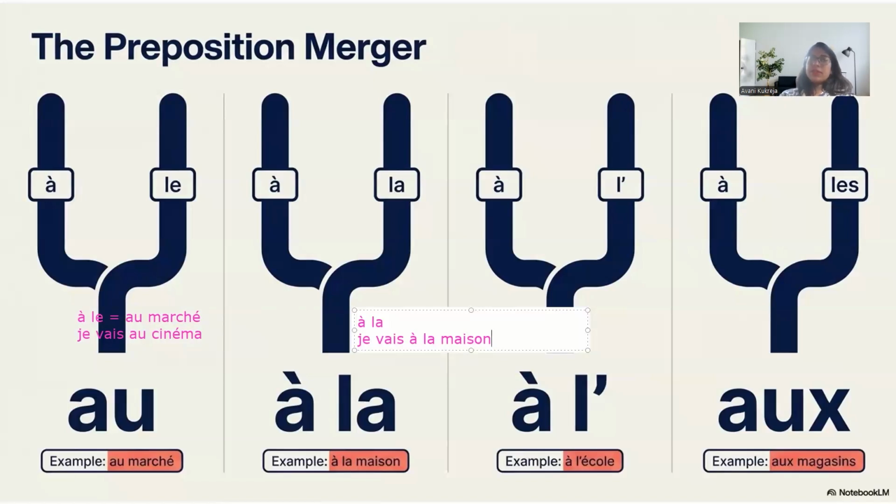Can anybody give me any other example? Je vais à la piscine. Swimming pool. Je vais à la piscine. I'm going to the swimming pool.